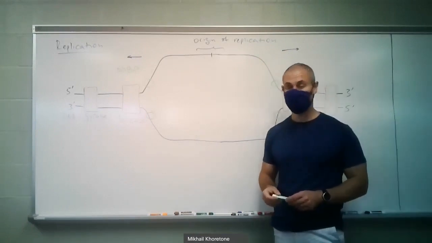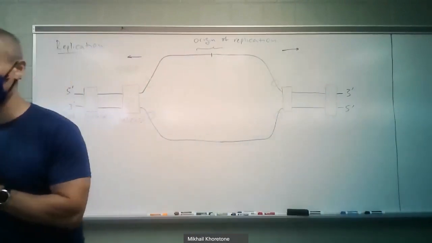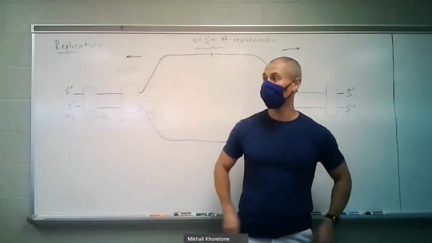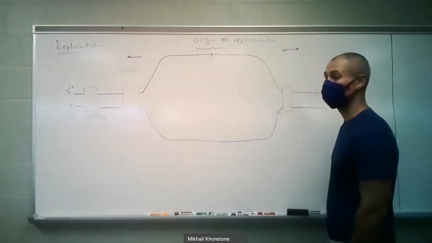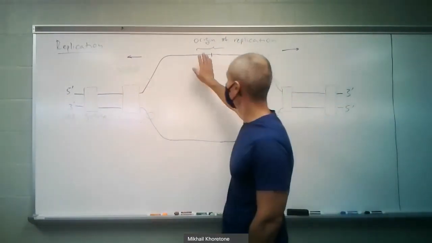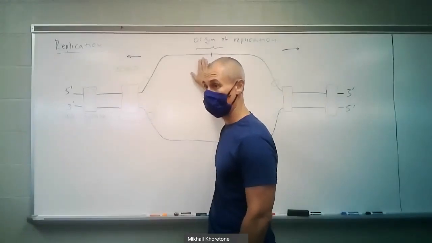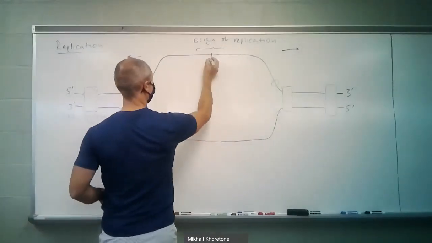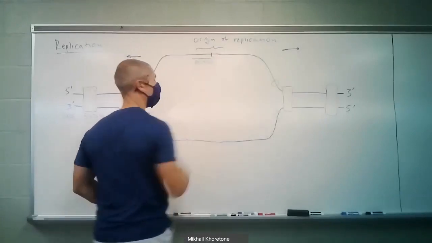Now everything is ready for the enzyme called DNA polymerase 3 to start making a new DNA molecule. Here's one little conundrum. DNA polymerase 3 cannot just bind to the DNA and start copying. It needs a special structure that's called a primer.